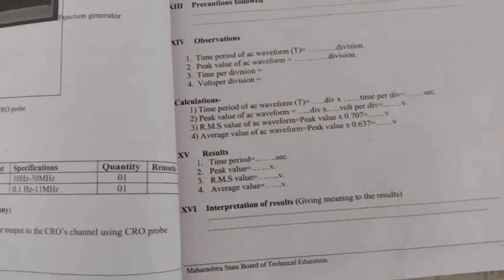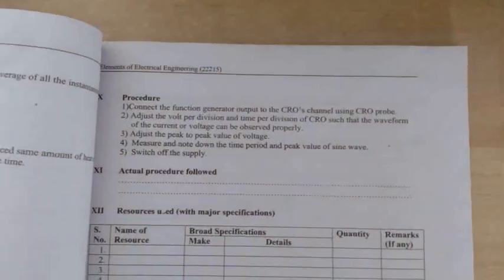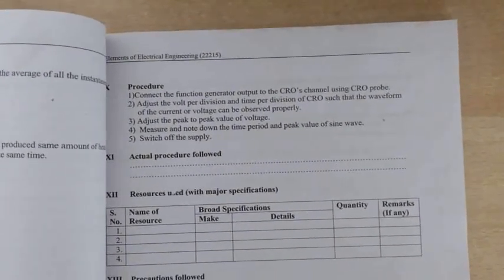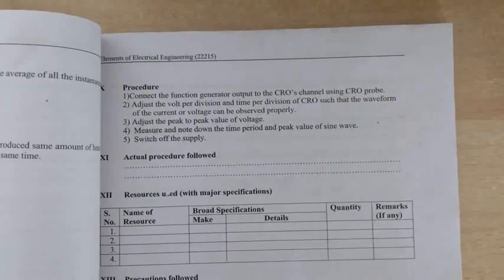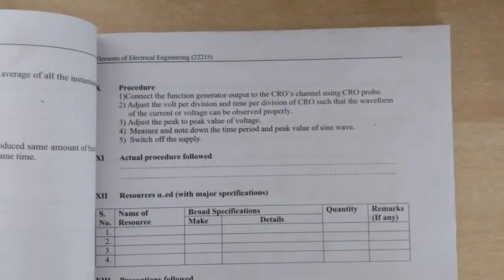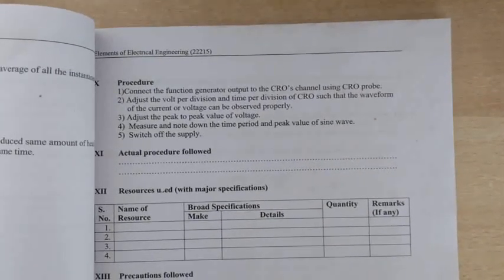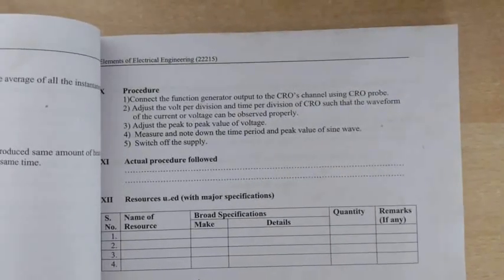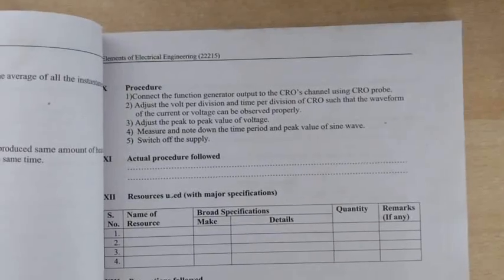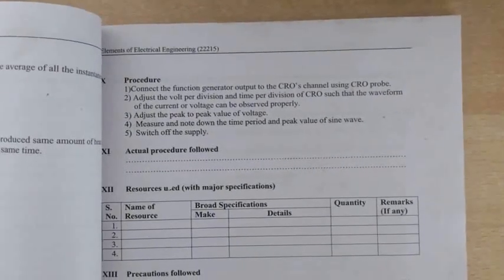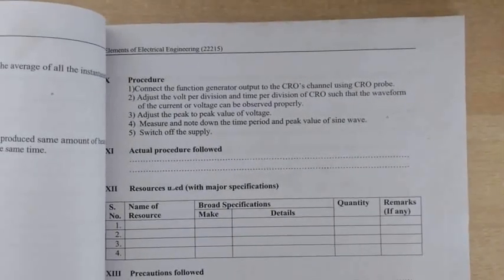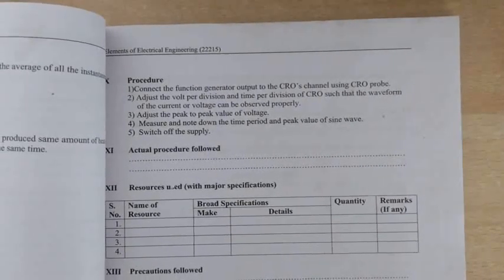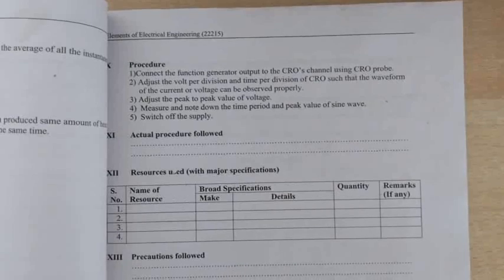Then we can see the actual procedure. First, connect the function generator output to the CRO channel using the CRO probe. Adjust the volt per division and time per division on CRO such that the waveform of current or voltage can be observed properly. Adjust the peak to peak value of voltage. Measure and note down the time period and peak value of the sine wave and then switch on the supply.